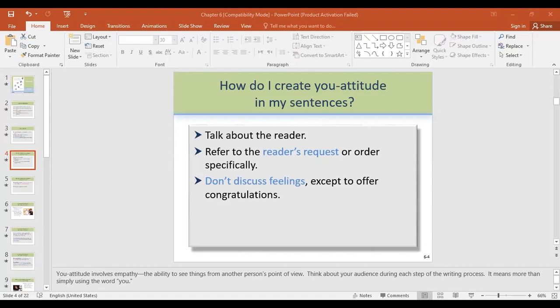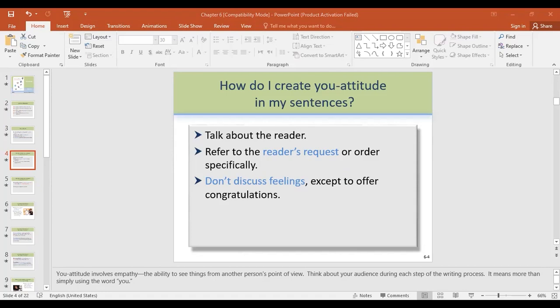This is the most important sentence. Again, talk about the reader except in negative situations. So to create you attitude, you have to focus on your reader, the most important person in this communication. So talk about the reader, not about yourself. You have to talk about the reader, not about yourself.